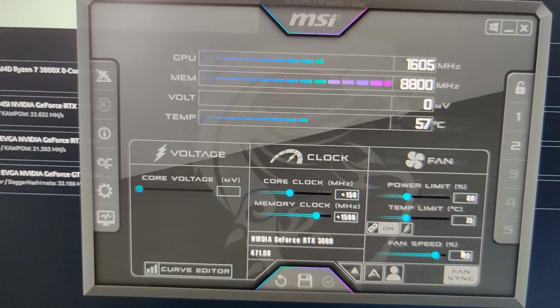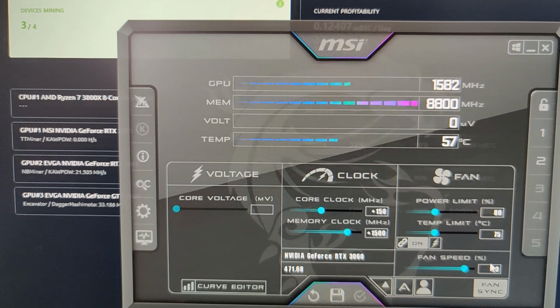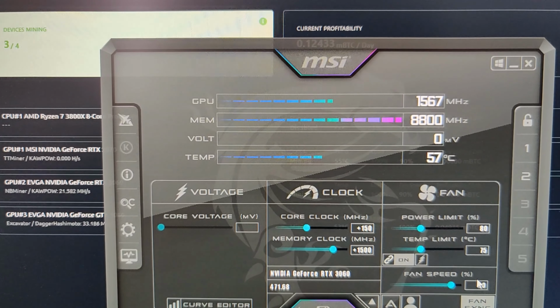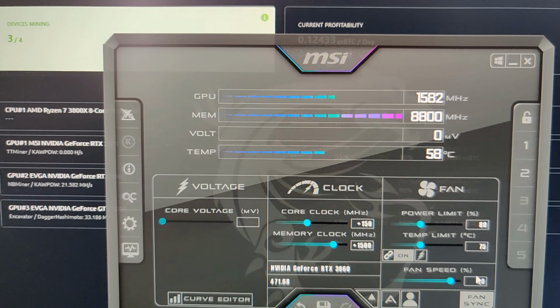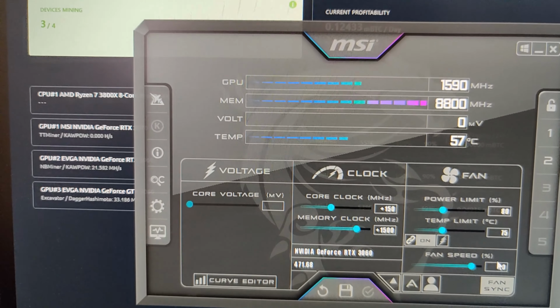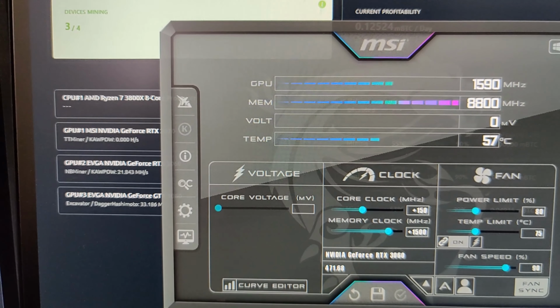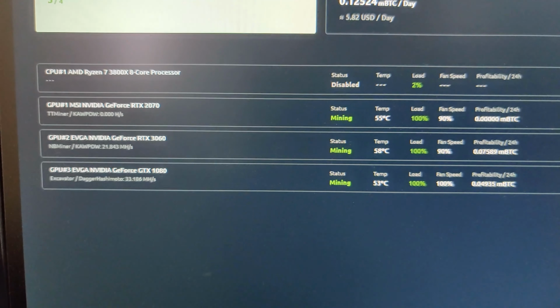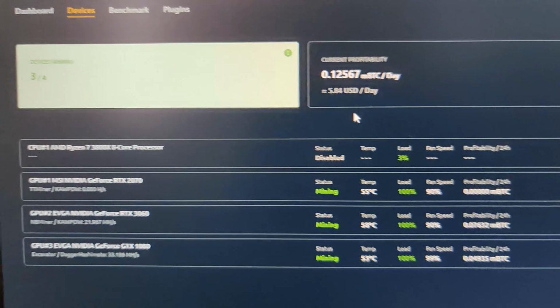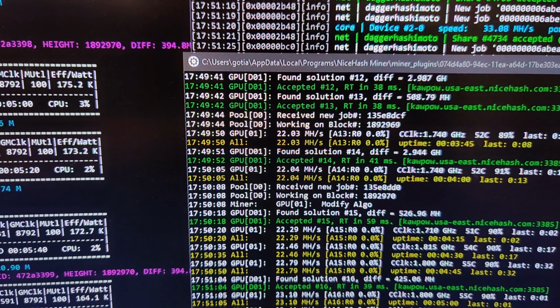So I did that, and it should go up from 22 to almost 23. That's not too big a deal, but it does affect profitability, and profitability would usually go up. Right now the profitability shows down because it's switching whatever it's doing. You'll see that in a minute. I'm going to let it go, and I'll be right back.